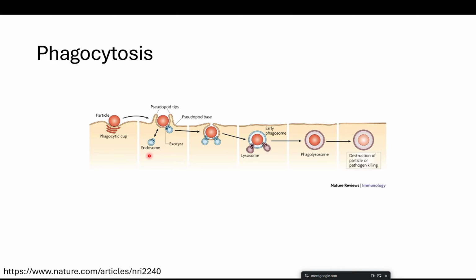There will be endosomes reacting to the pseudopod, binding to the pseudopod base, and this complex of the particle and the cell membrane around it is known as the early phagosome. Endosomes can then bind to the early phagosome, mature into lysosomes, and release their contents. This complex of lysosome, early phagosome, and the particle is known as a phagolysosome.